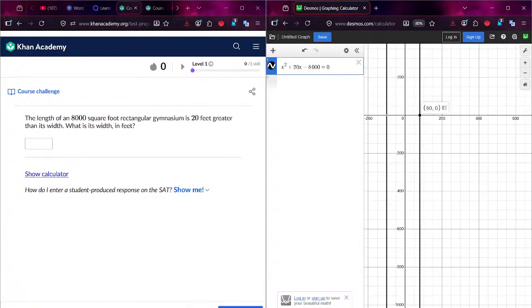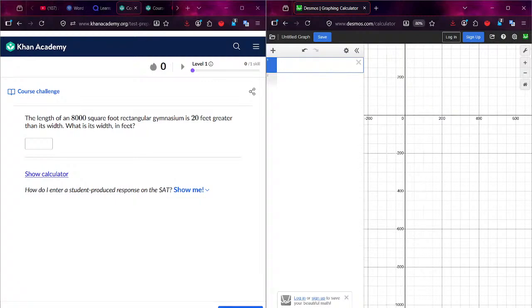And the answer is going to be 80. So to double check that the answer is 80, the length is going to be 80 plus 20, so it's going to be 100. So 100 times 80, that's 8,000. So the width is going to be 80.